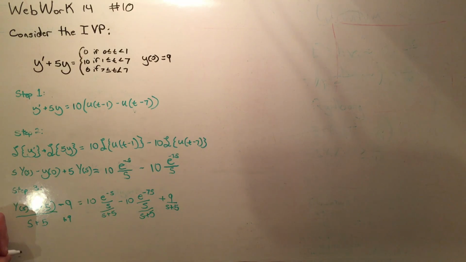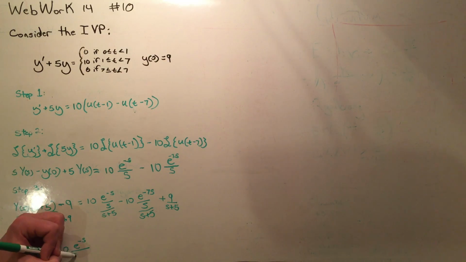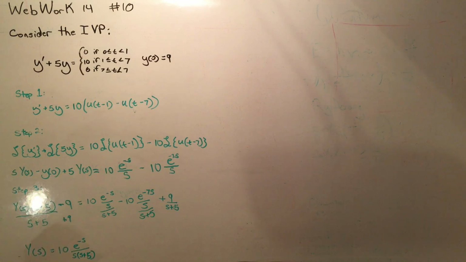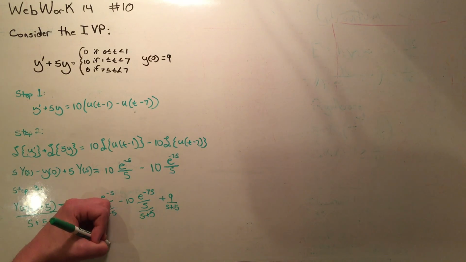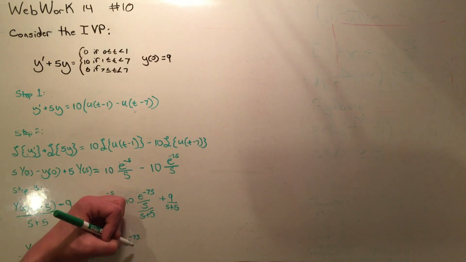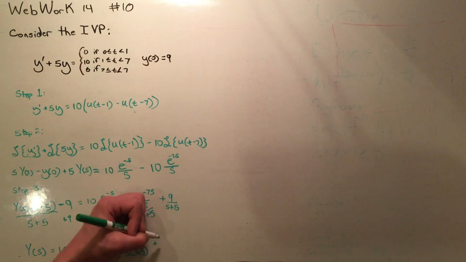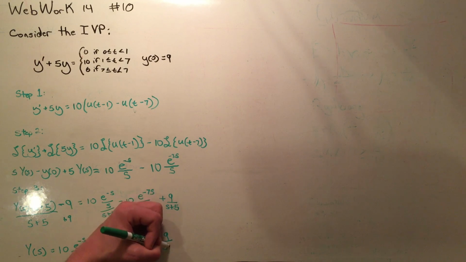That's going to result in our isolated Y of s equaling 10 e to the negative s over s times s plus 5, minus 10 e to the negative 7s over s times s plus 5, plus 9 over s plus 5.